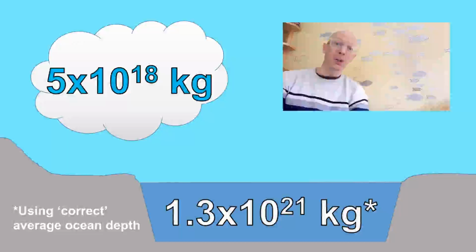Now, you probably expected all along that the answer was that the oceans were heavier than the atmosphere. It's very much the intuitive answer. But I think the fact that they're only a couple of 100 times heavier is quite surprising, at least to me. So there you go. We've calculated the mass of the atmosphere and the mass of the oceans, and we didn't look up one value, and we didn't use a calculator once.